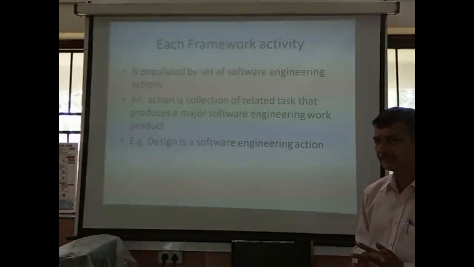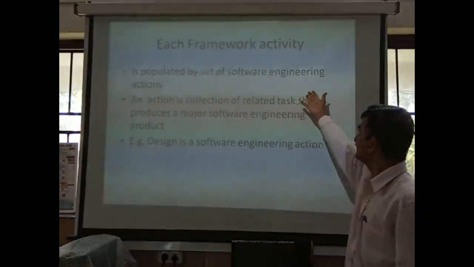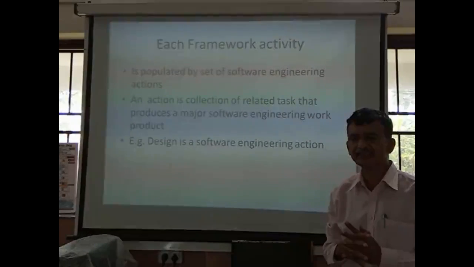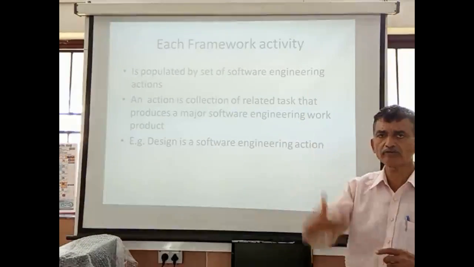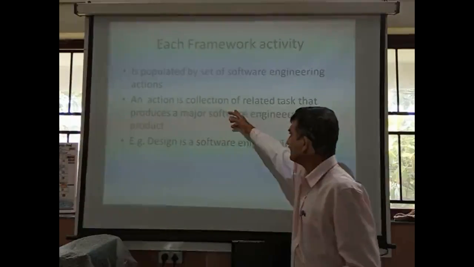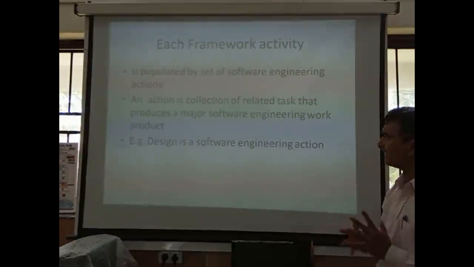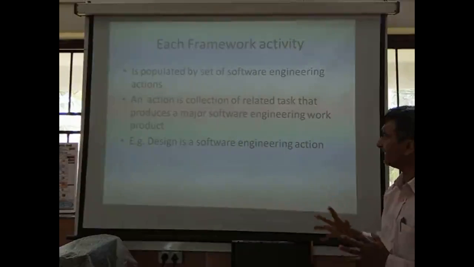So you find that each framework activity is populated by a set of engineering actions. There are a number of engineering actions that are to be carried out when you carry out one process activity. Second, an action is a collection of related tasks that produces a major software engineering product.